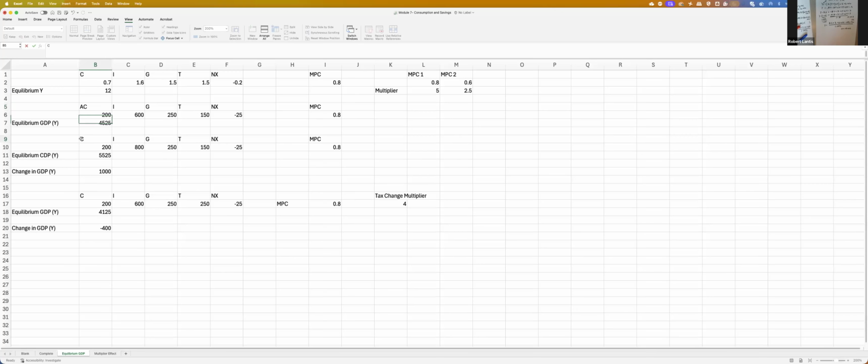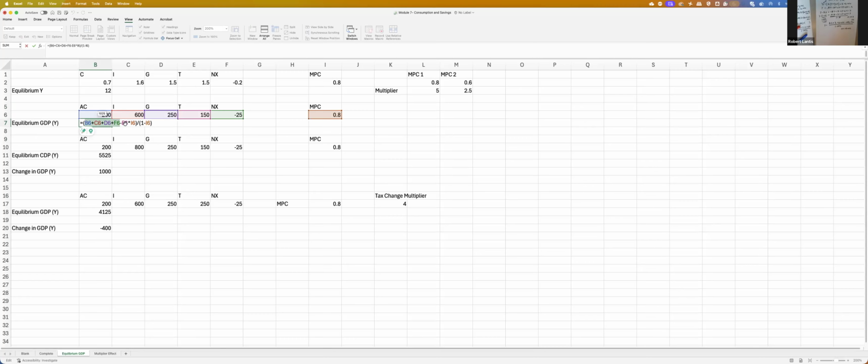This is actually representing not the overall level of consumption, but autonomous consumption. Okay. So we're kind of finding this break-even GDP or my equilibrium GDP levels. So what is that going to be? Well, take my autonomous consumption, add my investments, my government spending, and my net exports. This is what these four cell references represent.